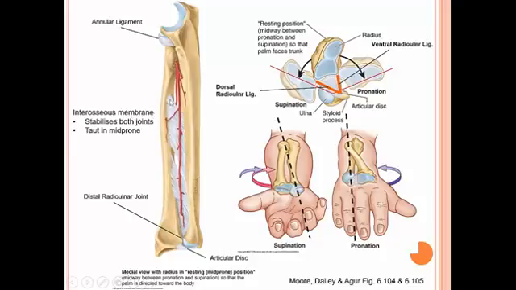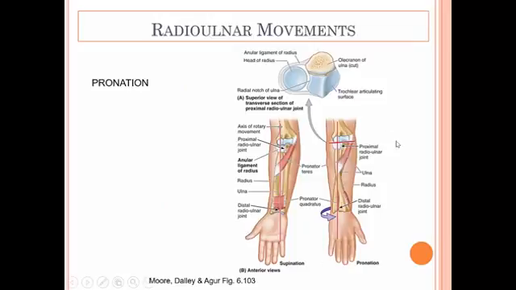So it's a membrane between the bones, so between, osseous is bones, so our interosseous membrane. And this is there to stabilise both joints, both our proximal and our distal radioulnar joints, and as it says, it's taut in mid-prone.